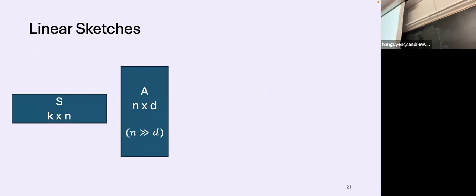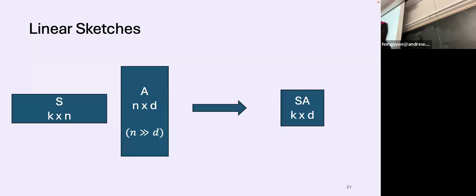So I multiply on the left by my linear sketching matrix S. K is also going to be a much smaller dimension. For anyone who knows count sketch, a typical count sketch dimension for a lot of applications is 1/epsilon squared, for example. And this is going to give us a much smaller matrix.